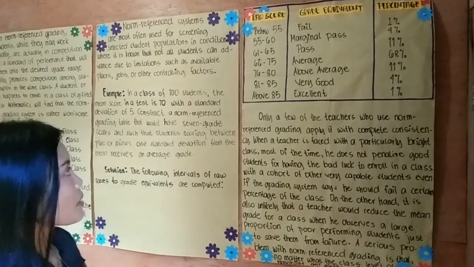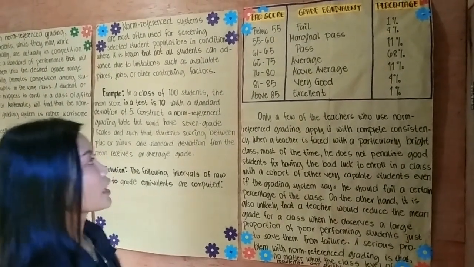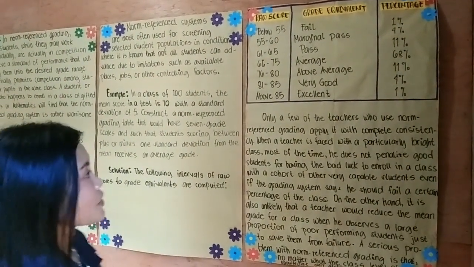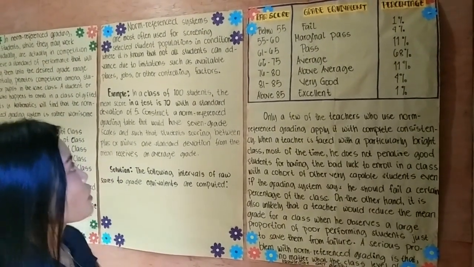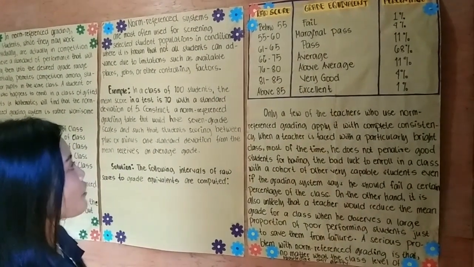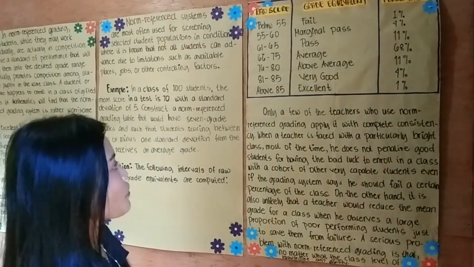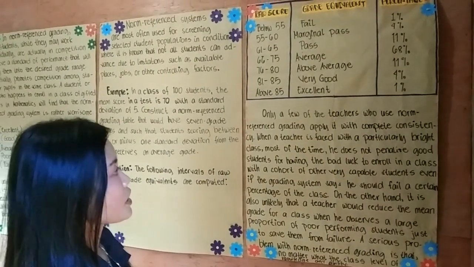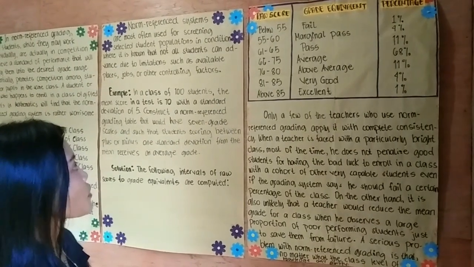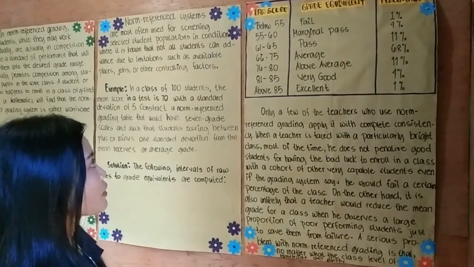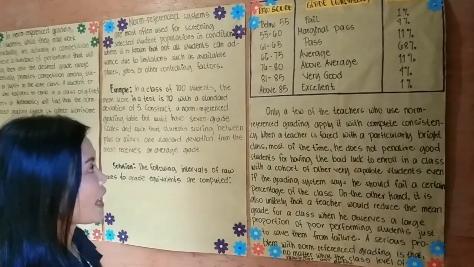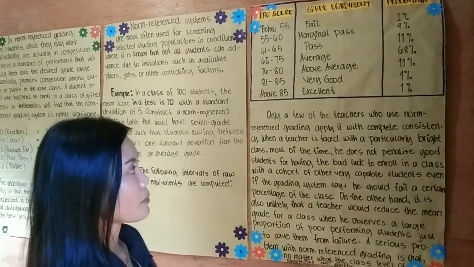The raw score of 76 to 80 is above average, 11%. The raw score of 81 to 85 is very good, and the percentage is 4%. And the raw score above 85 is excellent, and the percentage is 1%.